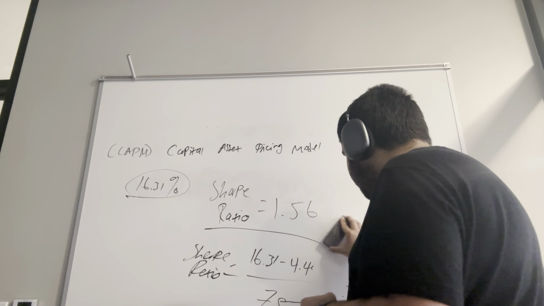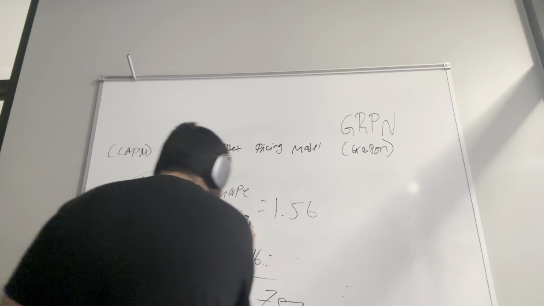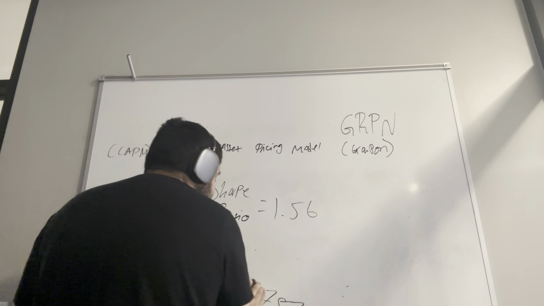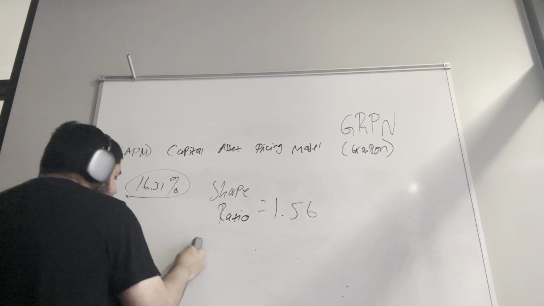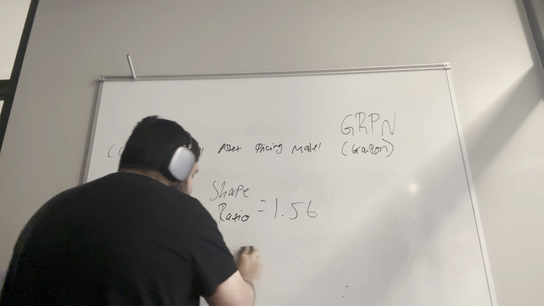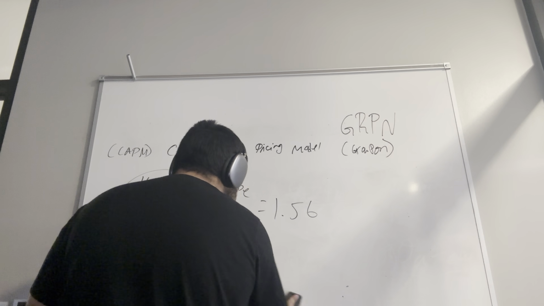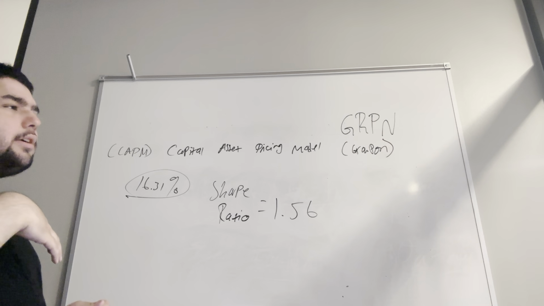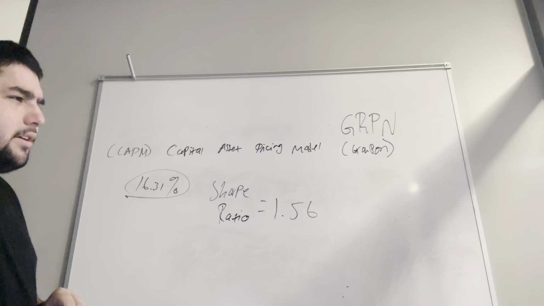So now, a Sharpe ratio of 1 is what we're looking for. A Sharpe ratio of 2 is great, and a Sharpe ratio above 2 is great, and a Sharpe ratio above 3 is excellent.